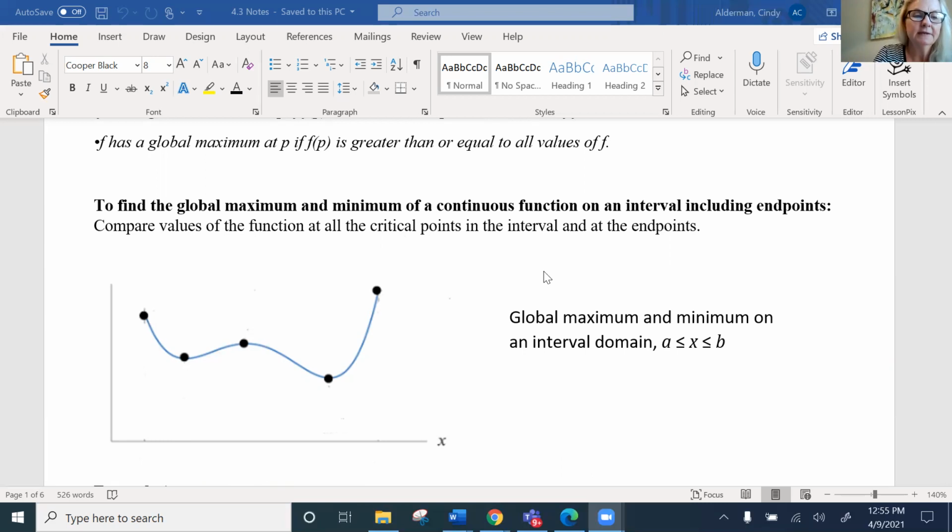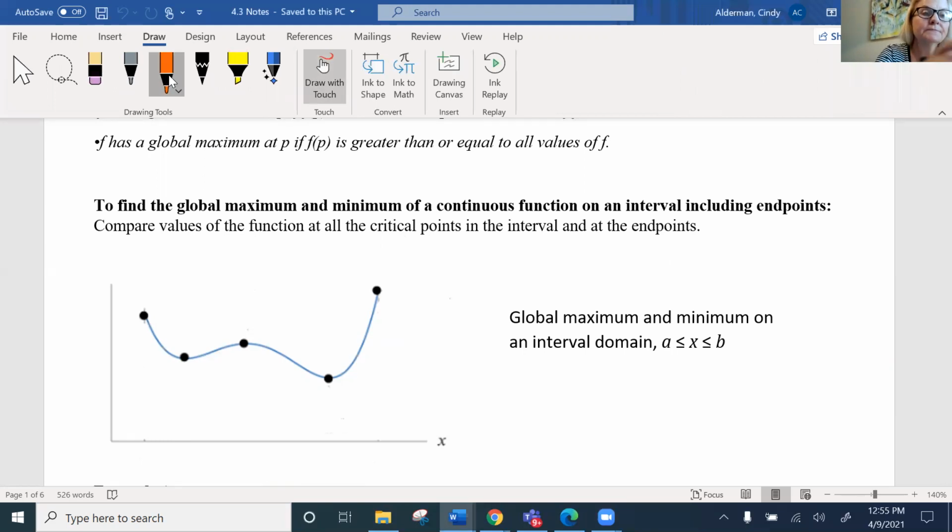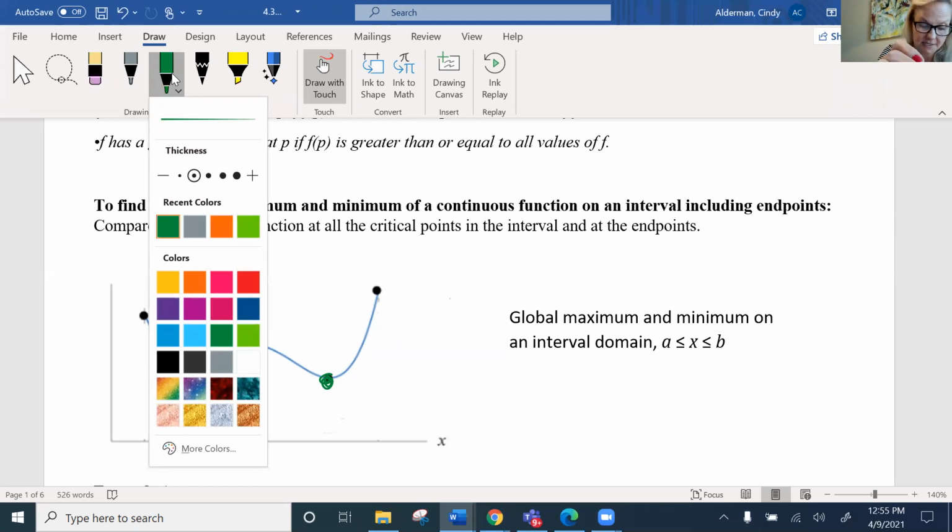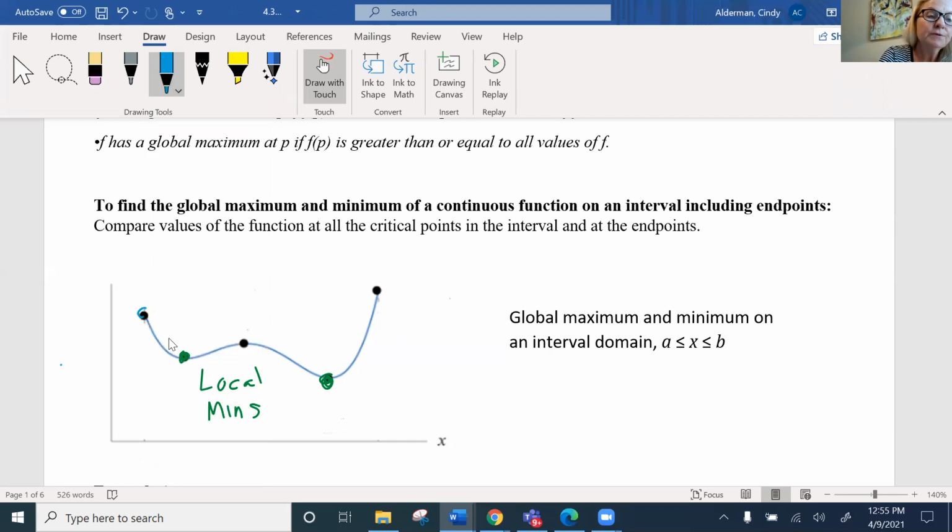The first thing that we can say is that these 2 points here can both be called local mins. And we can also say that these points on this particular interval, and this one as well, are all local maxes.